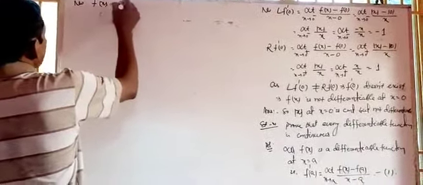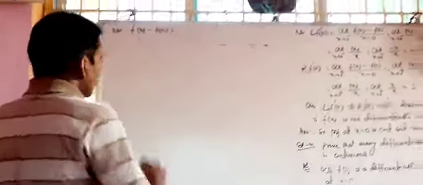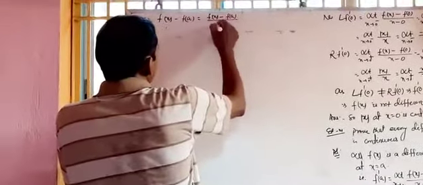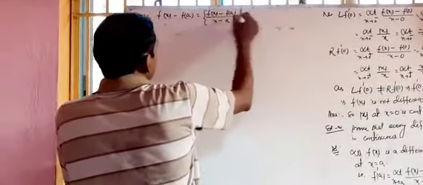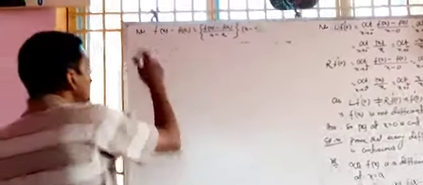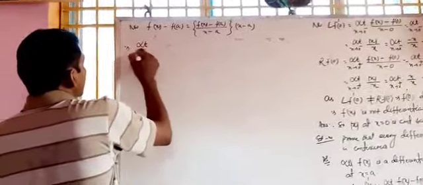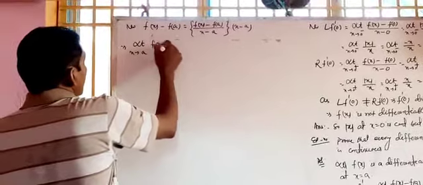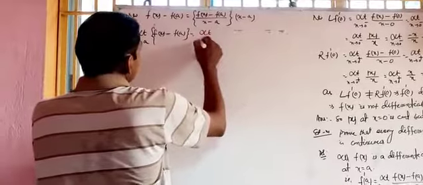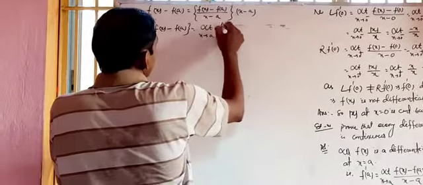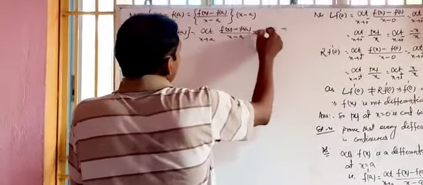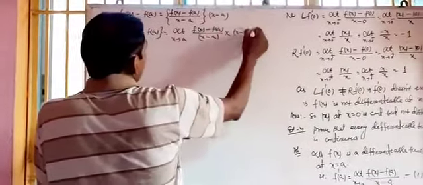So now f of x minus f of a can be written as f of x minus f of a whole divided by x minus a, into x minus a. That means multiply and divide by x minus a, so the value will be the same. Now if we take the limit on both sides, limit x tends to a of f of x minus f of a by x minus a into x minus a.